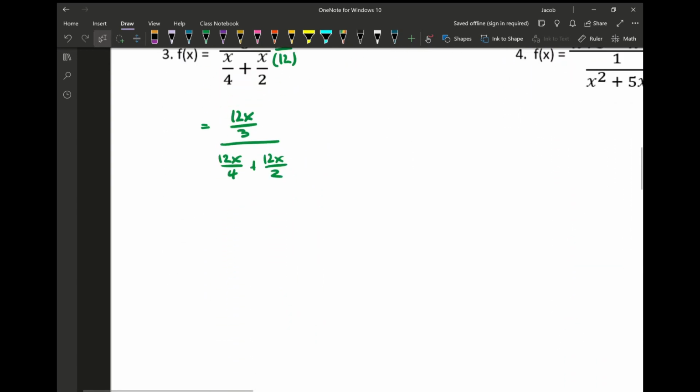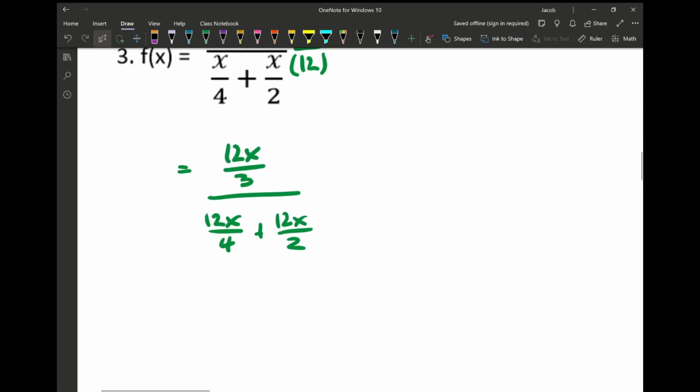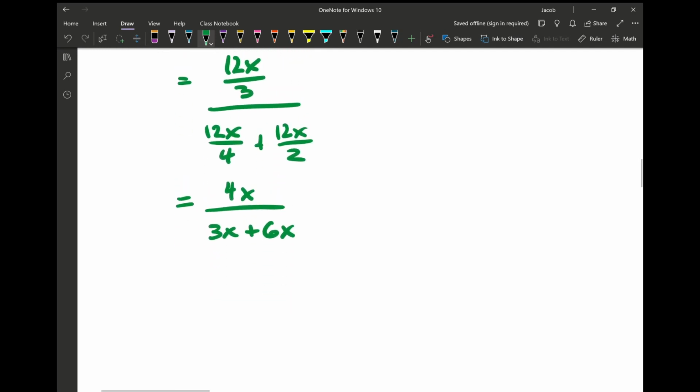So anyway, carrying on here, we can actually work with all of these fractions individually and then see how they can be simplified once we have divided them. So I'll have 4x in the numerator and 3x plus 6x. Now this is super easy to do.